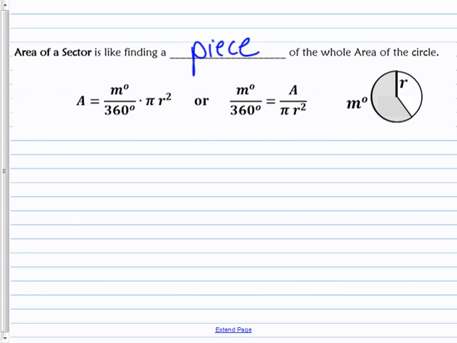And just like the last problem was a portion of the circumference, now we're looking for a portion of the area. Notice this is the area formula. It's not a whole new formula to memorize, it's just the area formula being multiplied by something. And you're multiplying it by what portion of the circle that you need.